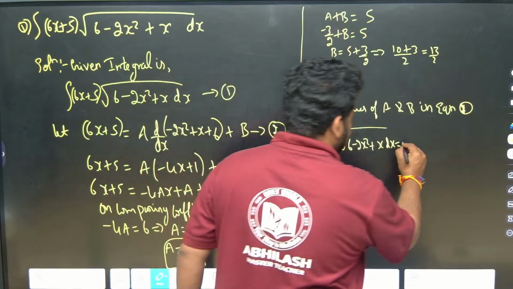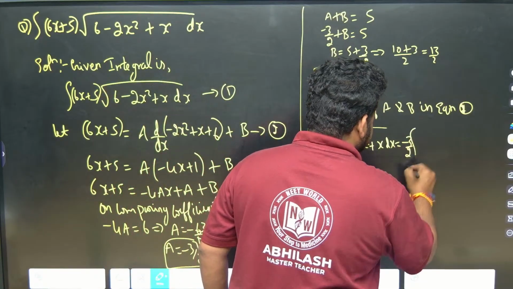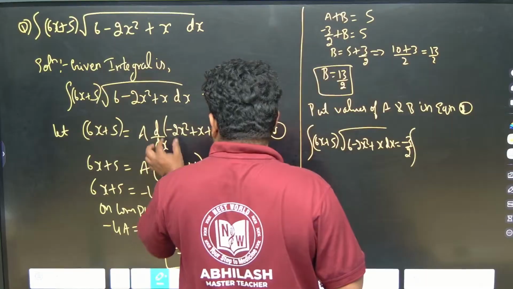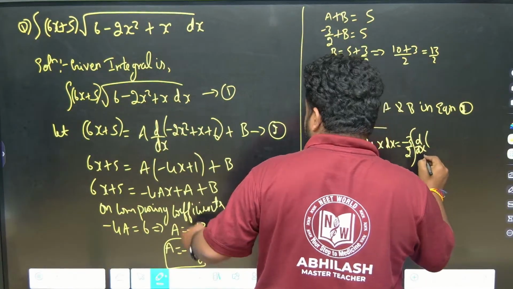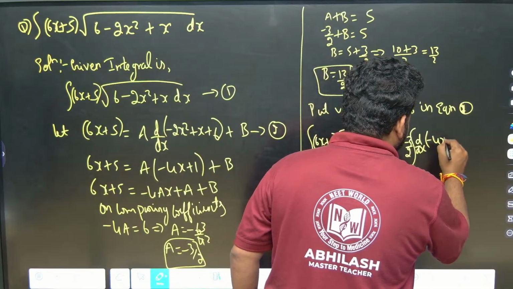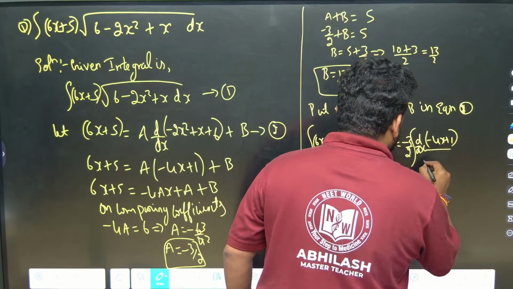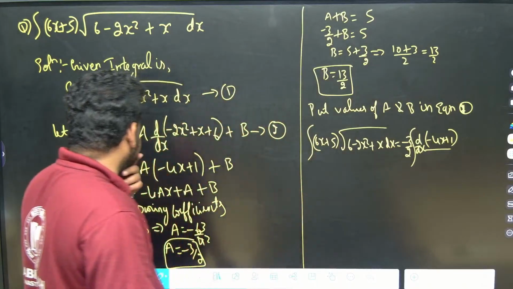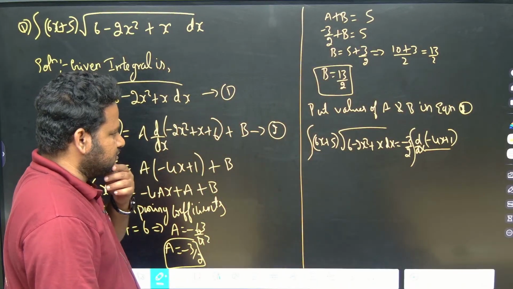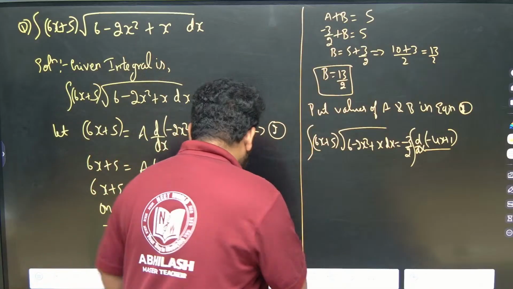Let me take minus 3 by 2 outside. Minus 3 by 2 times integral of d by dx of minus 4x plus 1 divided by the denominator. No, we won't be dividing this. Okay, let us do one thing here.